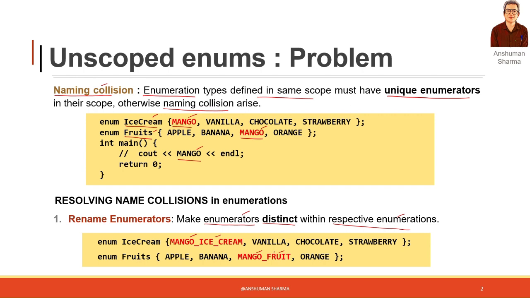So these unique names could overcome this problem, and this particular enum was an unscoped enum, because the scope of its enumerators was not limited to the given enumeration.